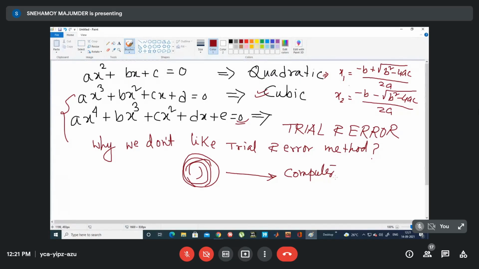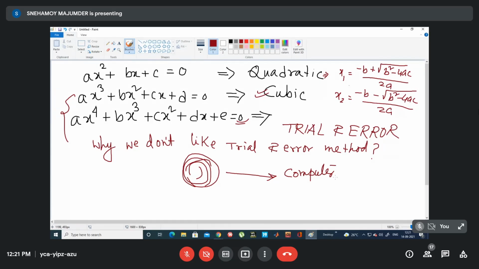So the numerical computations have to be done by a computer. Sequentially, the solution has to be done, and the formula has to be found, or the methodology for that has to be sorted out, and then we go for the solution.